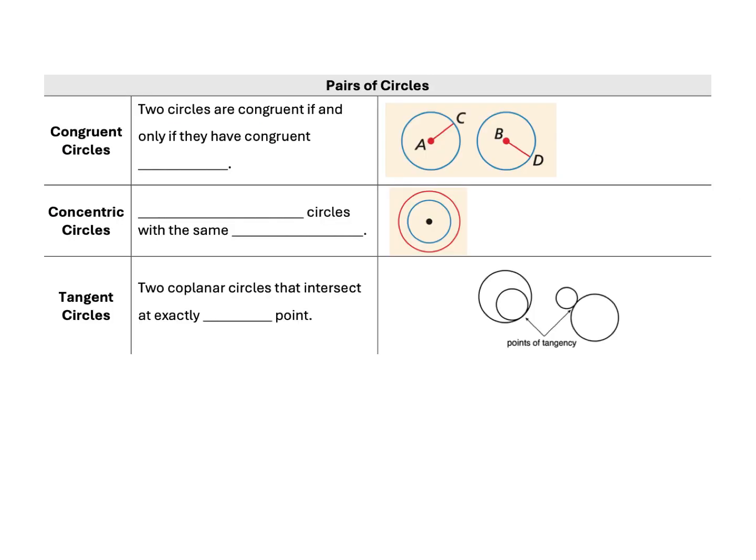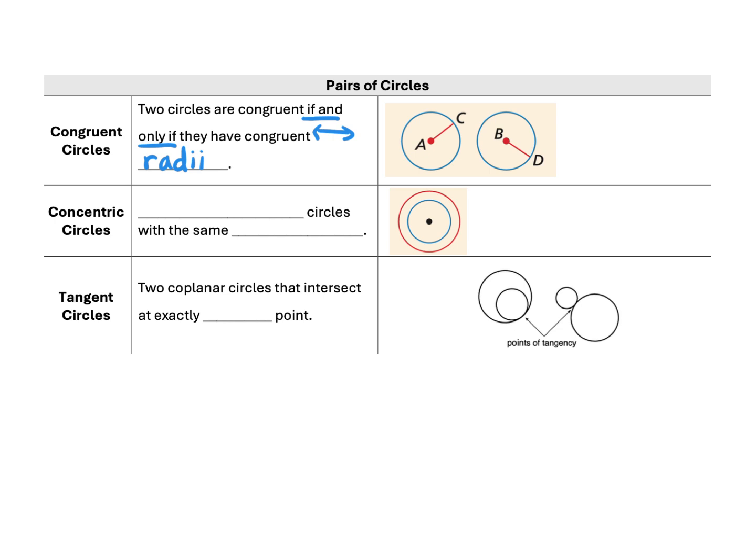Next, let's talk about some vocabulary related to pairs of circles. Congruent circles are two circles that have congruent radii. So the definition here, you can see it's written as a biconditional. Two circles are congruent if and only if they have congruent radii. That means it goes both ways.